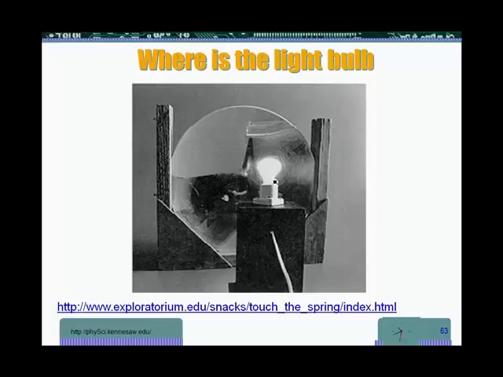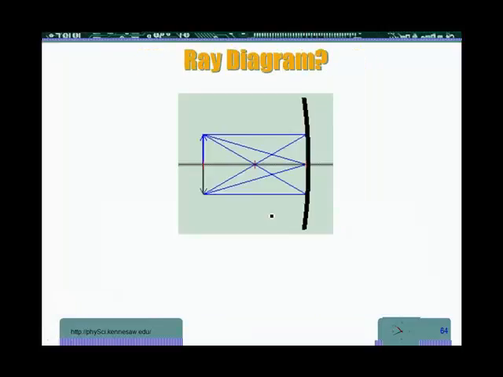The setup is such that the image, what we are seeing here as a light bulb, is actually an image, and it looks quite real, but it is an image of a light bulb that's upside down at the bottom of this box.